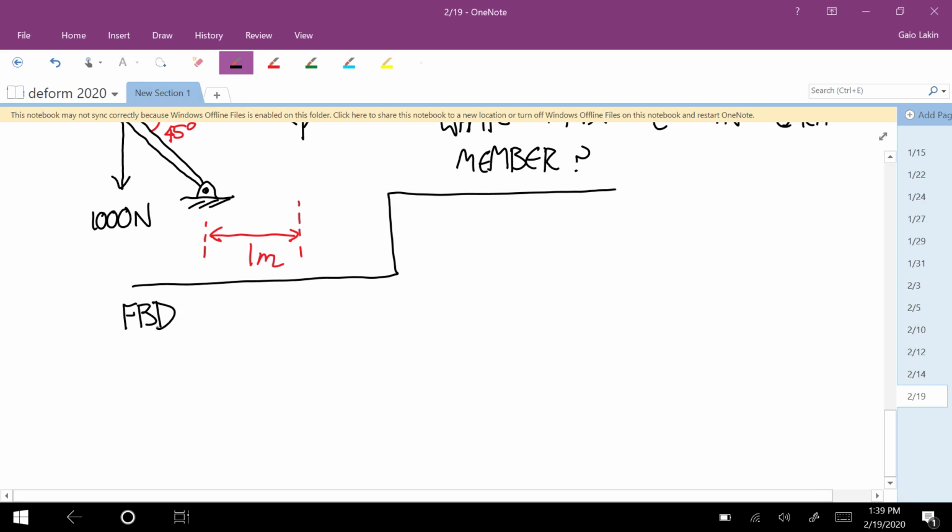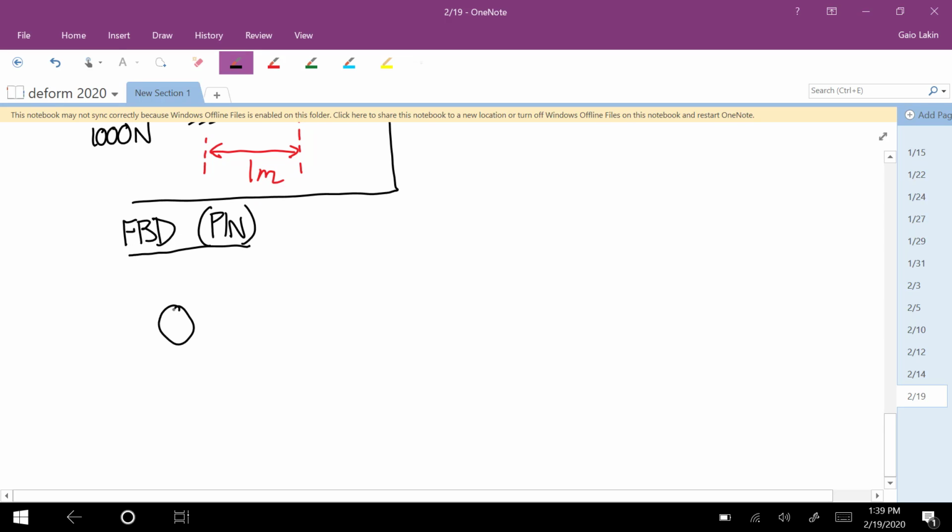So a free body diagram of the pin that connects those two looks like this. You have a downward force of 1,000 newtons. You have tension in the member that's at 45 degrees, I'll call that F1, and then tension in the horizontal one, F2.